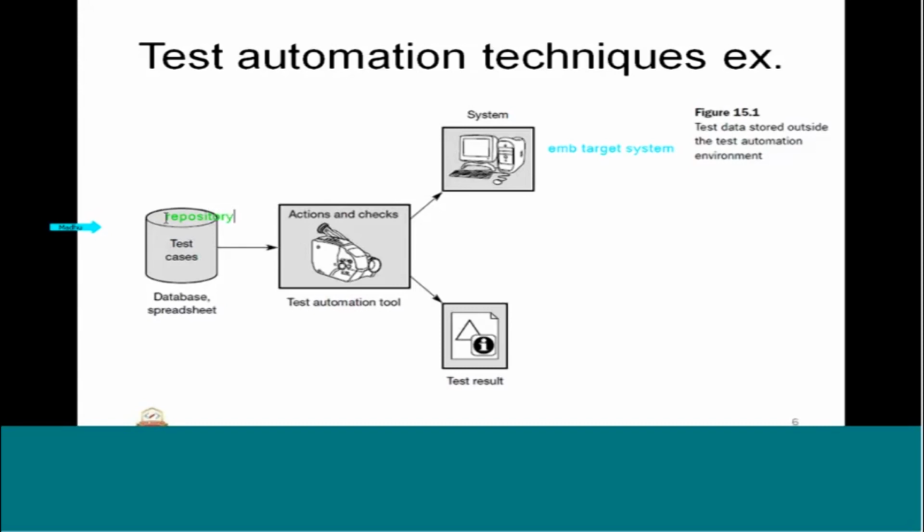All the test cases will have a database, spreadsheet, whatever it is, that will be picked up by the automation tool. It will pick that up, run it on the system, and generate the result. Basically, this is a flow where all the actions, checks, and comparisons will be done with the help of this test automation tool.